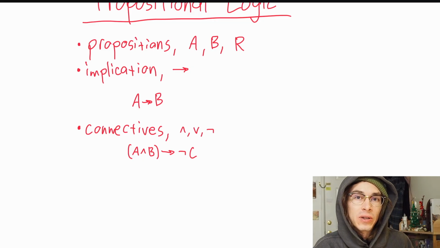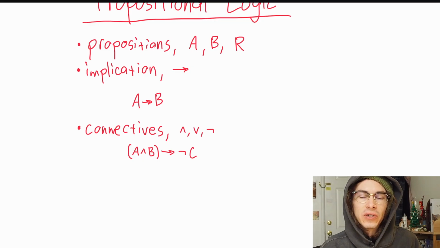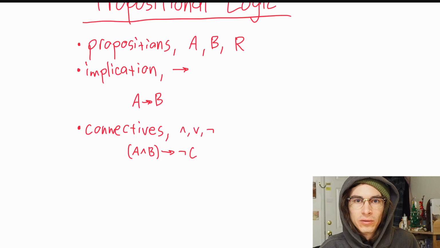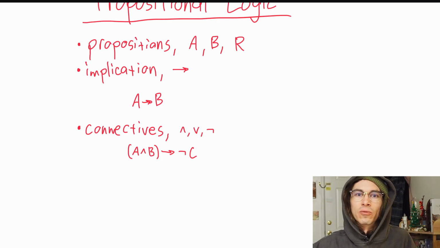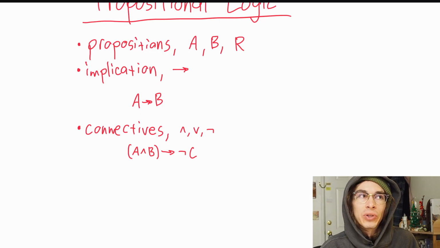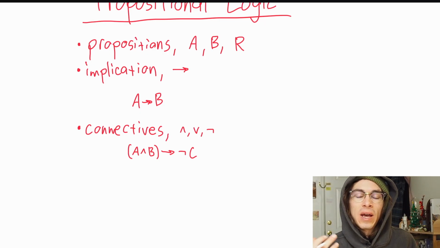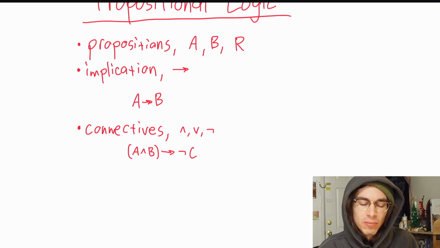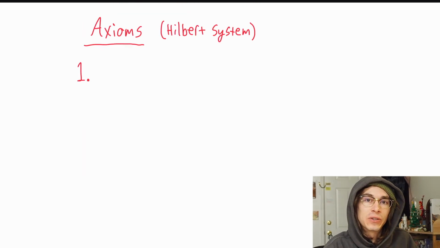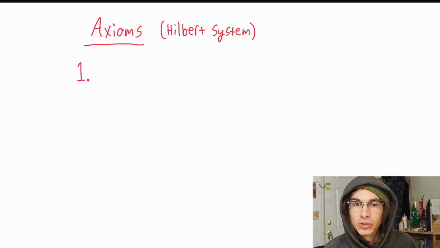An interesting note is that there are other axiom systems that work and which you can use to build up set theory. But by far the most common axiom system used, just so that there's some uniformity, is called the Hilbert system. The first axiom is called implication introduction.